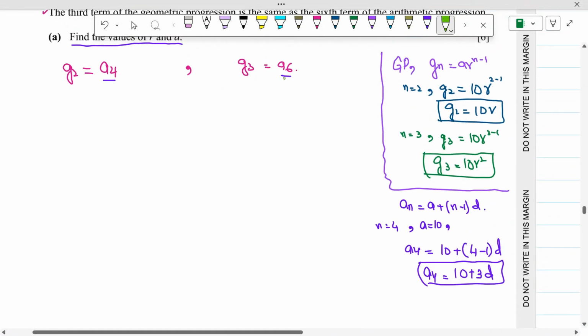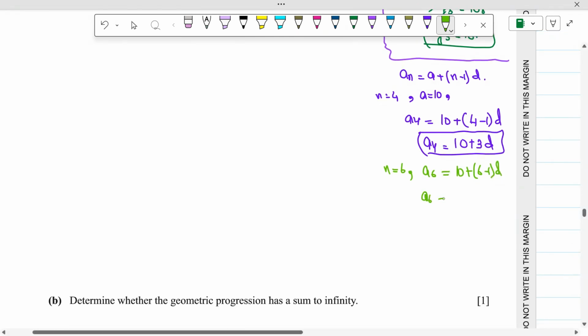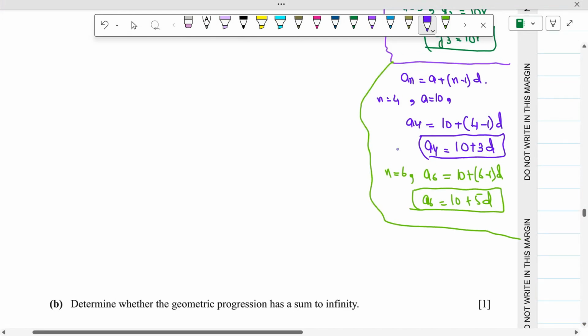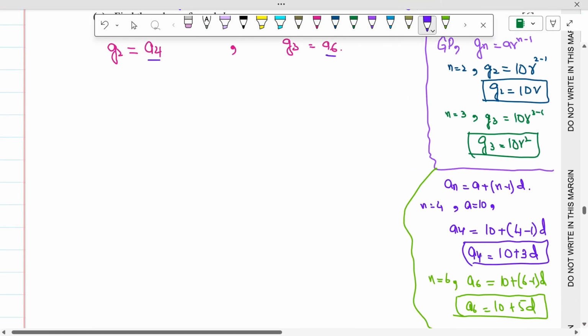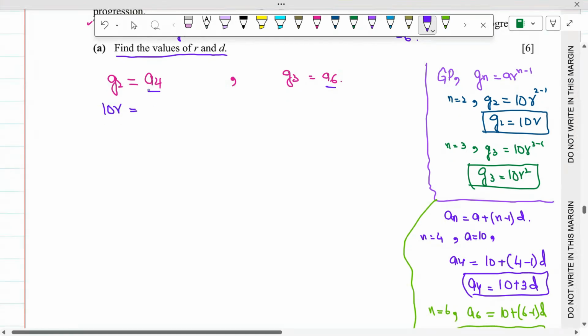Similarly, we need to find a6. So n is equal to 6. So a6 is equal to 10 plus 6 minus 1 times d. So a6 is equal to 10 plus 5d. So plugging the values of g2, g3, a4, a6, then 10r is equal to a4, which is 10 plus 3d.